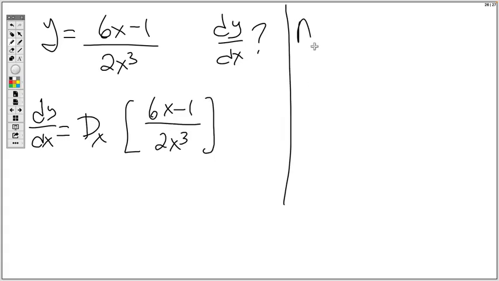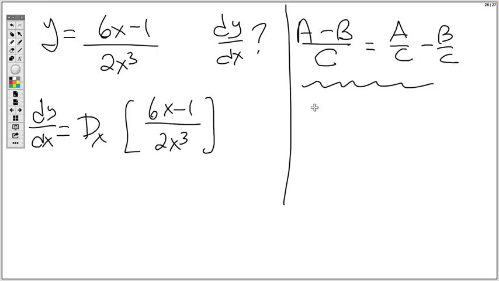So we've got to remember how fractions work. They call this in the book separating numerators. It's really just a distributive property. Okay? Really what's happening here is you're just taking a minus b times the reciprocal of c, and you're distributing.